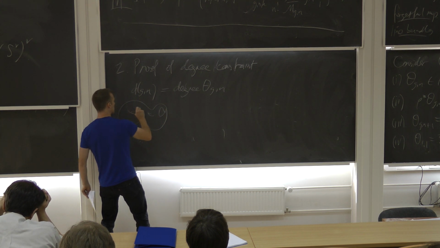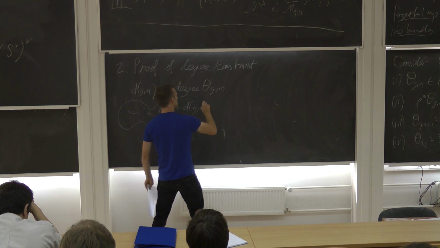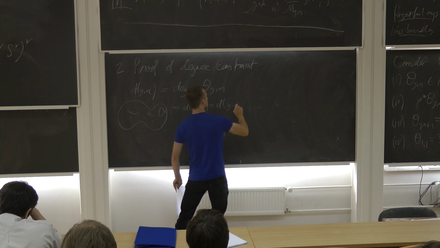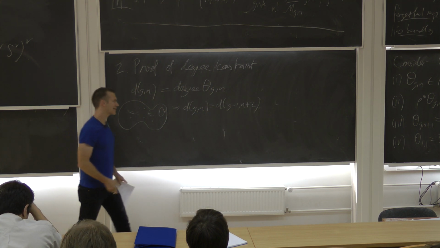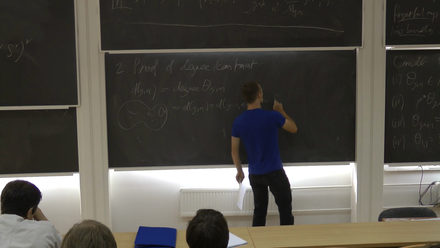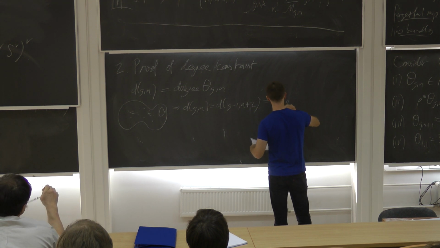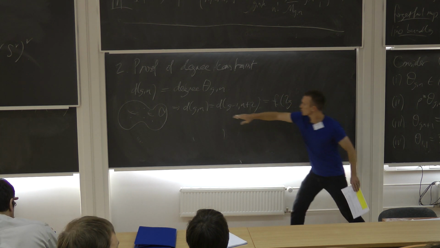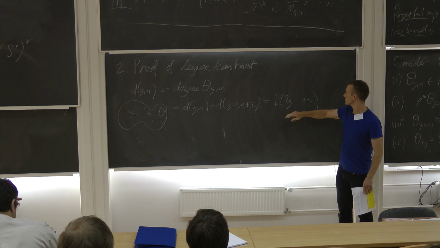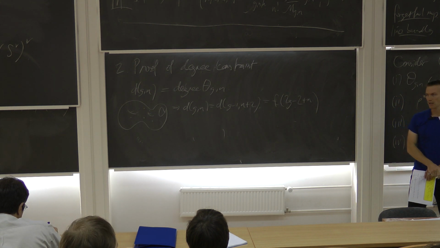From this picture here, I get therefore d of g,n is equal to d of g minus 1, n plus 2. But that means that d_g(n) is a function of, what order do I want to put these? Yeah, of 2g plus n. 2g plus n is preserved, and I want to make it a function of 2g minus 2 plus n, the same thing.